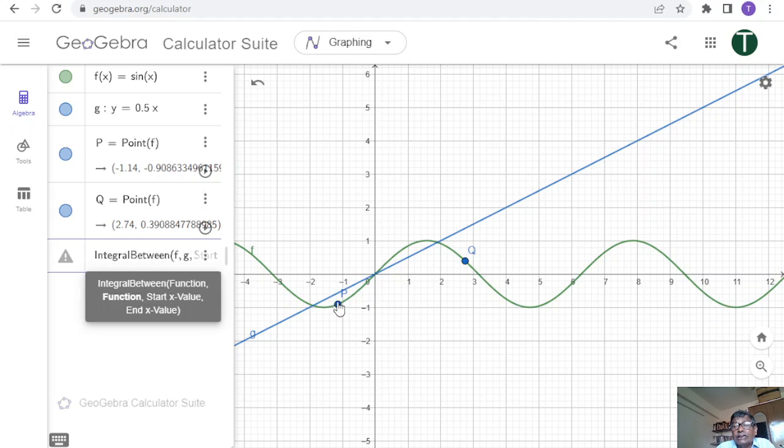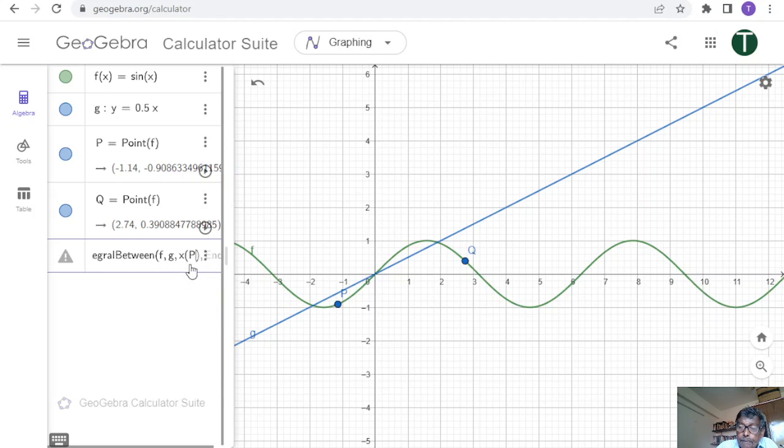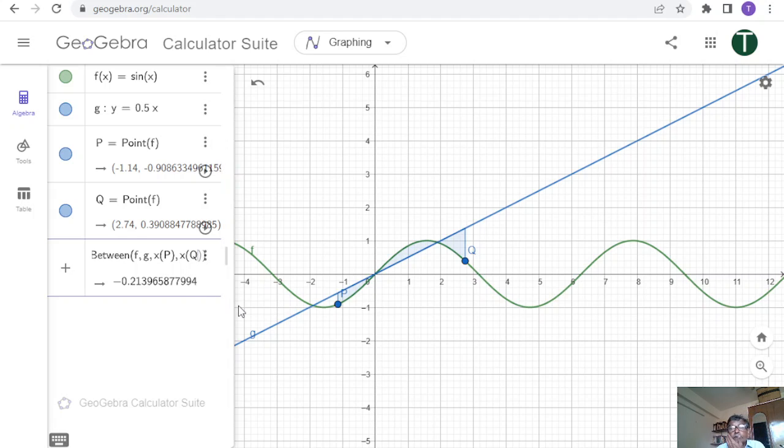And suppose I want to integrate from the x coordinate of P, whatever is the value of x, up to this point Q. So it will be f minus g comma, then the start value of x, it is simply x of P, then the final value of x, that is say x of Q. Done. So this is the area.